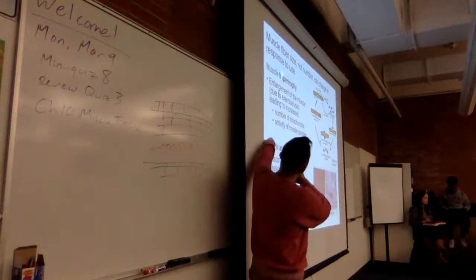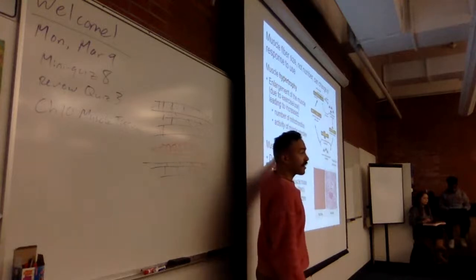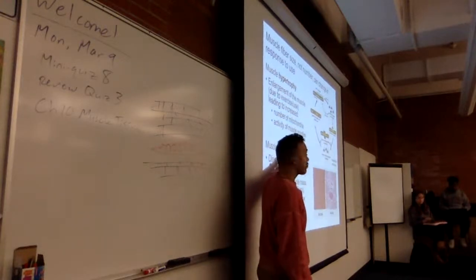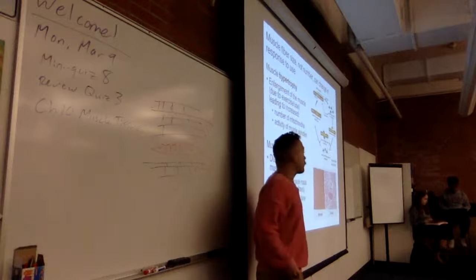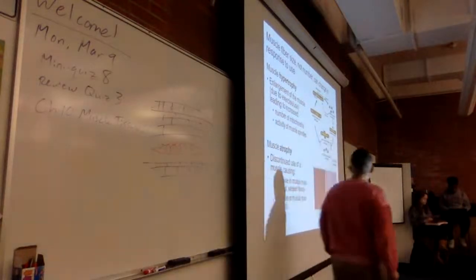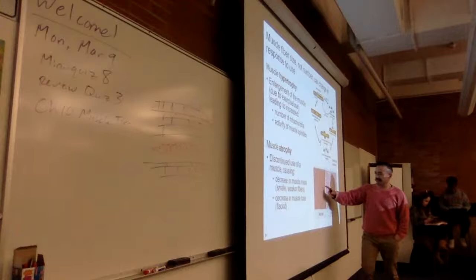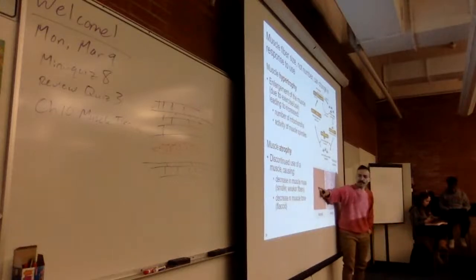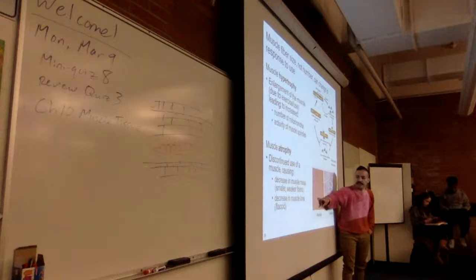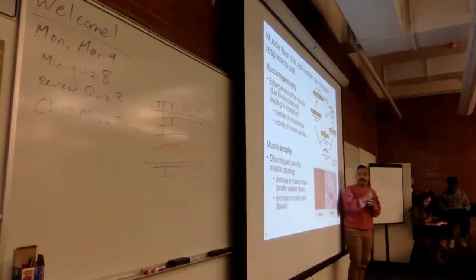The opposite of hypertrophy is atrophy. This A means without growth, atrophy. I don't know how you can see this, but what's shown here is a bunch of muscle fibers in cross section, and they're really close together. So here's a muscle fiber, here's one. It's all smushed together.